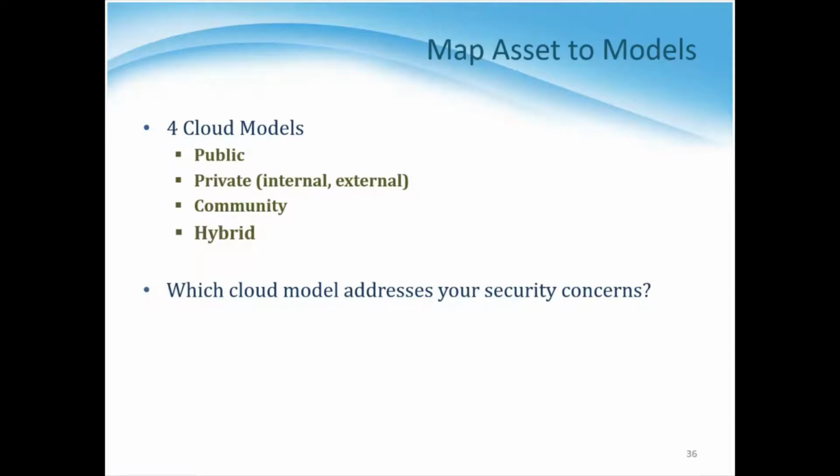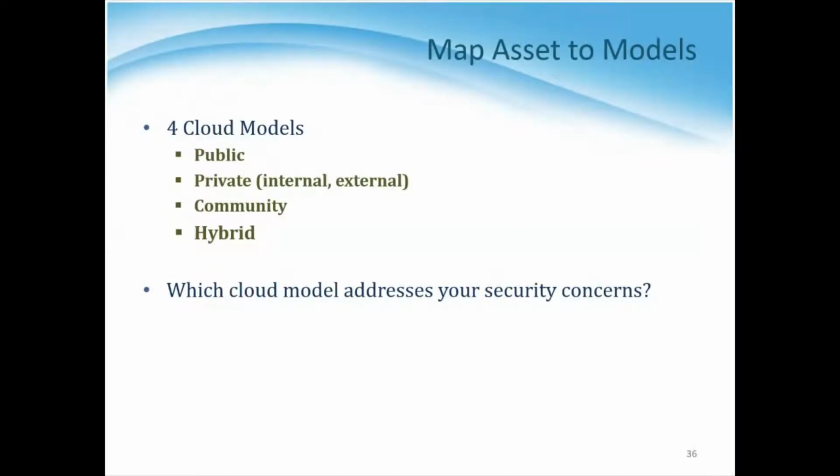And another concept is mapping assets to the model. Okay. We have already discussed in unit 1 that there are 4 cloud models: public, private, community, and hybrid cloud. Which cloud model addresses your security concern? Most probably you can prefer private, internal or external private cloud.